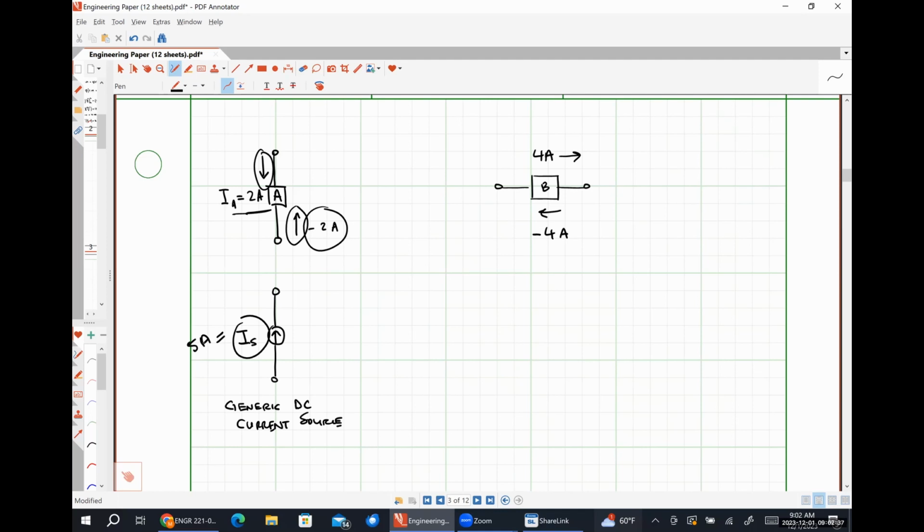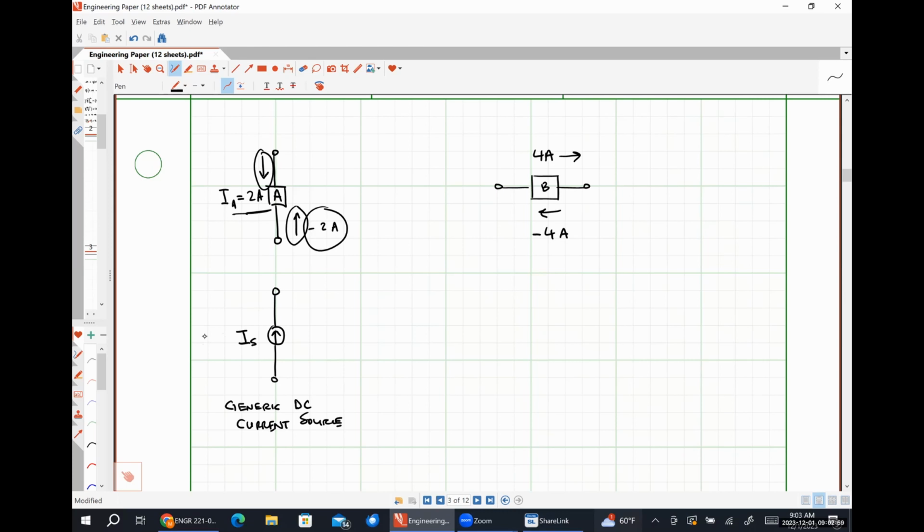Circling back around to what a current source is from something that we might actually deal with, the transistor. If we DC bias a transistor, how a transistor works is we apply some fixed amount of voltage and it drives some fixed amount of current.